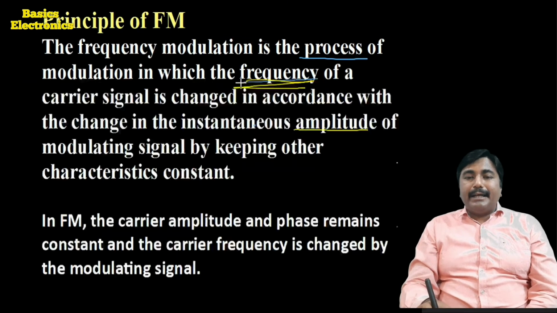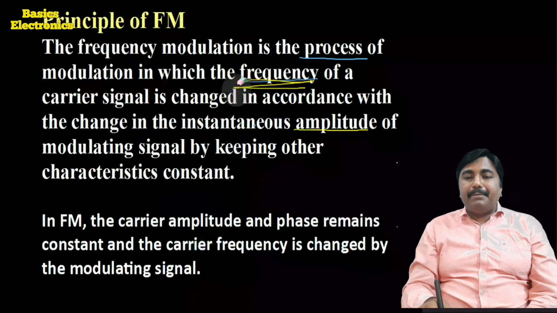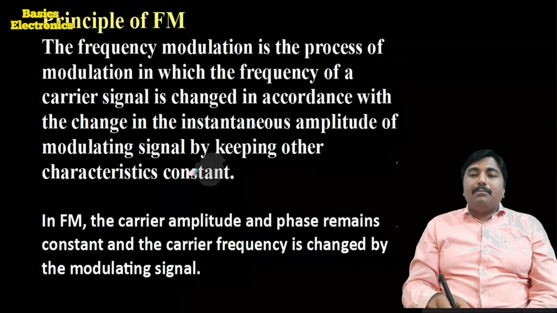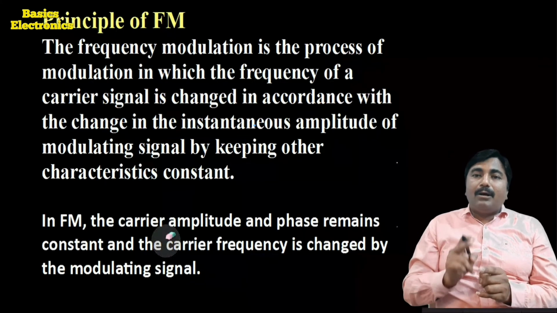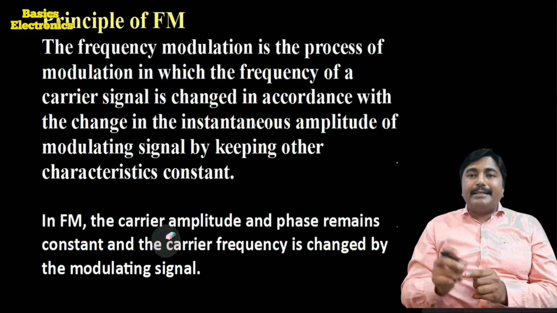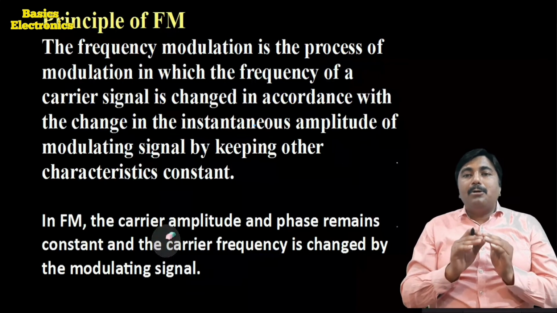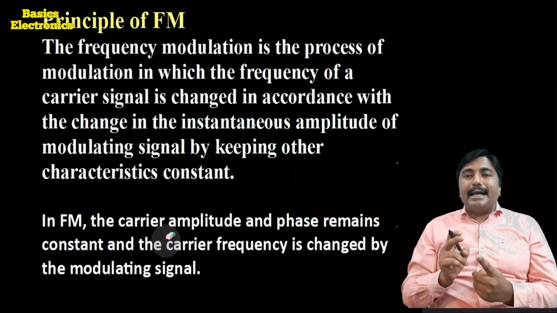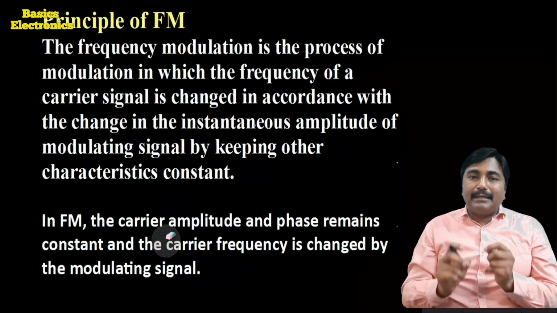Once again we will state the principle of FM in terms of a definition. So frequency modulation is the process of modulation in which the frequency of a carrier signal changes in accordance with the change in the instantaneous amplitude of a modulating signal, by keeping the two other characteristics, the amplitude and the phase of the carrier signal, constant.